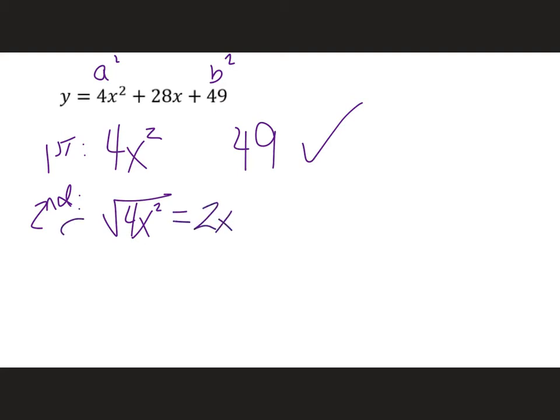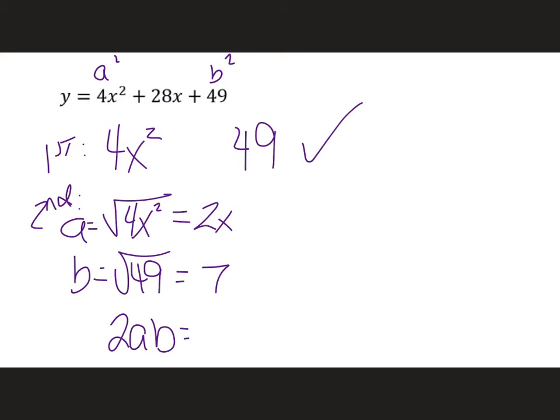So that's going to be our A value. Our B value would be the square root of 49, which is 7. And then we would check, is the middle term twice A times B? So is it 2 times 2x times 7? And that would be 28x, which matches our middle term. So we do have a perfect square trinomial.